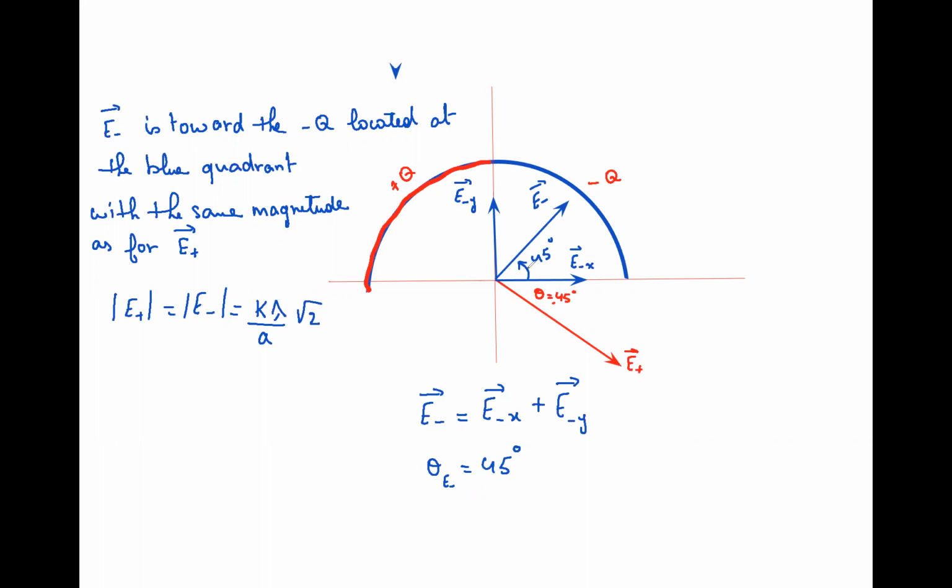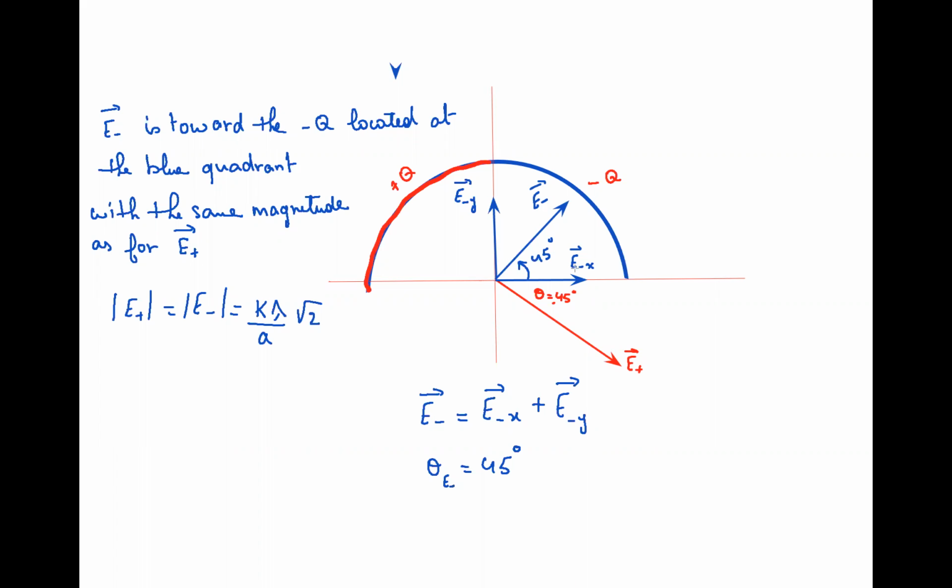Now, I ask you to calculate the results of the electric field created at the point O. So we have to calculate the total electric field created at the point O from the positive and the negative electric field quadrants. As you see here, we have E negative and E positive.